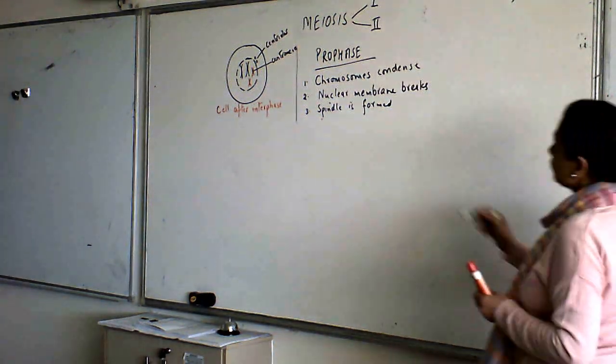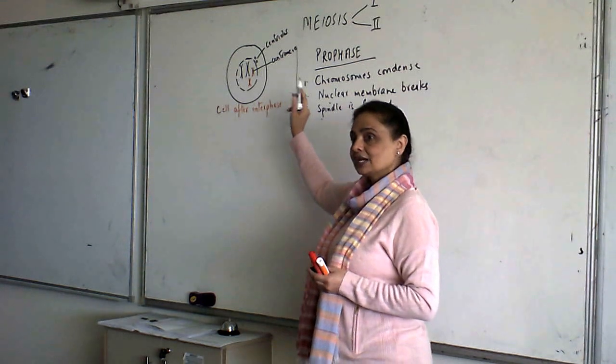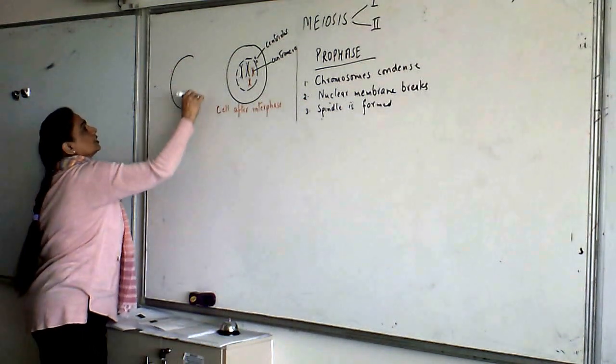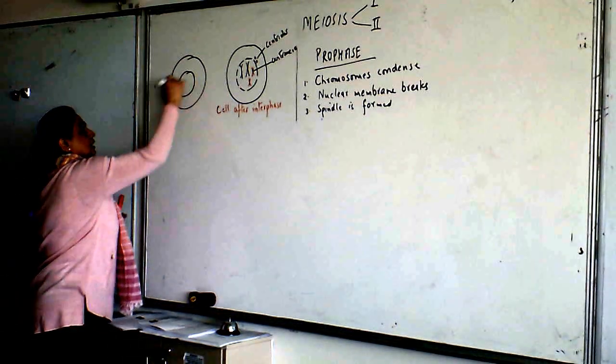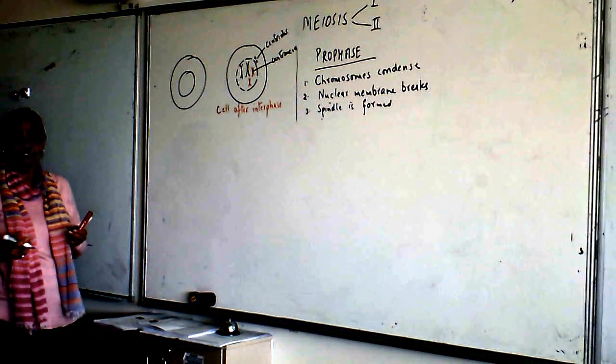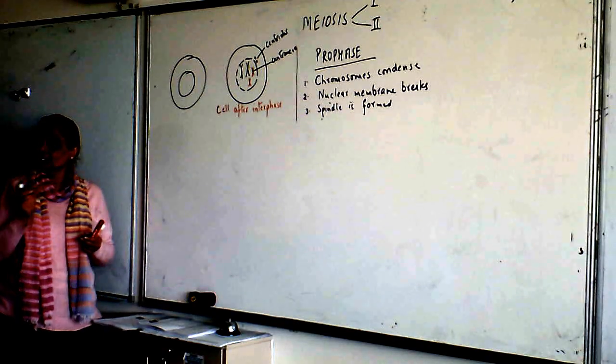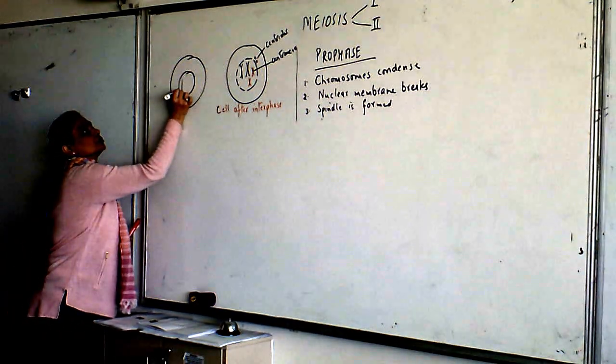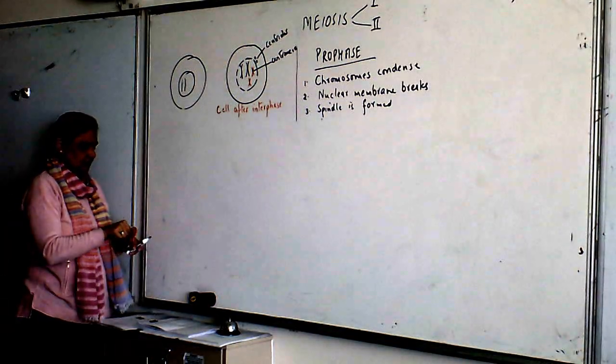Alright, now about the process. As I said before, every cell in our body has 46 chromosomes, but here as an example we're looking at a cell that has 4 chromosomes. Okay? So 4 chromosomes would be like that.